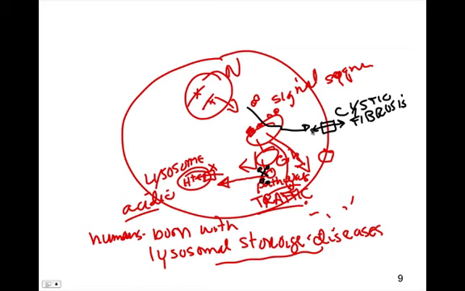In some cases, people have a mutation in a gene for this protein. But in other cases, they have mutations in a gene that is essential to get this to the cell surface. And so tragically, they may make a functional protein, but it just doesn't get delivered to where it needs to be. Okay, so that's just a little addition.